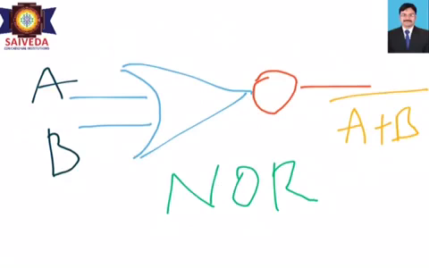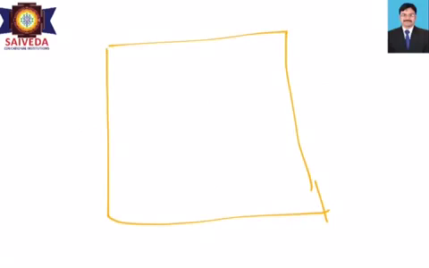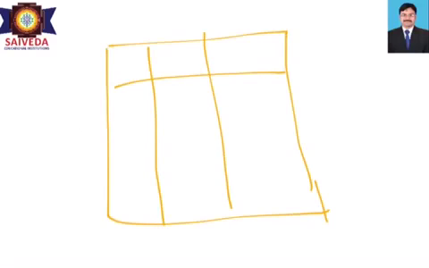Is it clear? Now our next step after the symbol is the truth table, as usual. Let us observe the truth table for this gate. Let us first draw it. A, B are the inputs, and the output is A plus B bar.